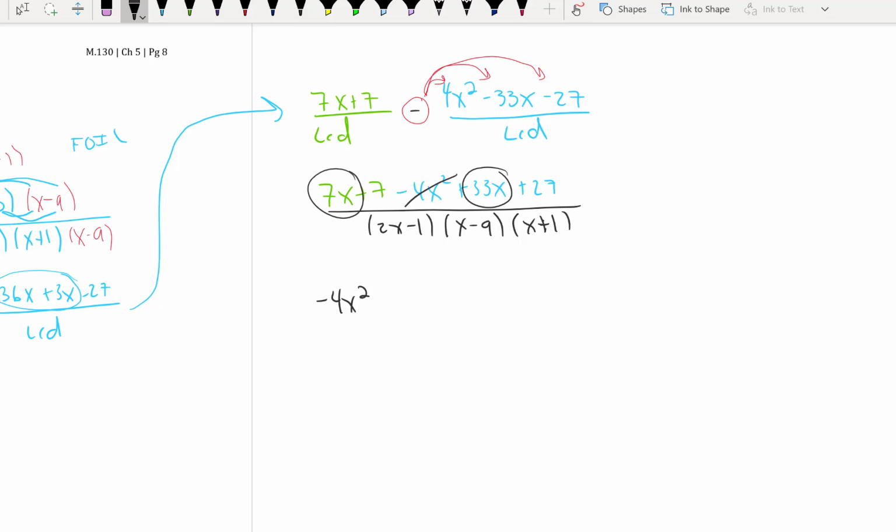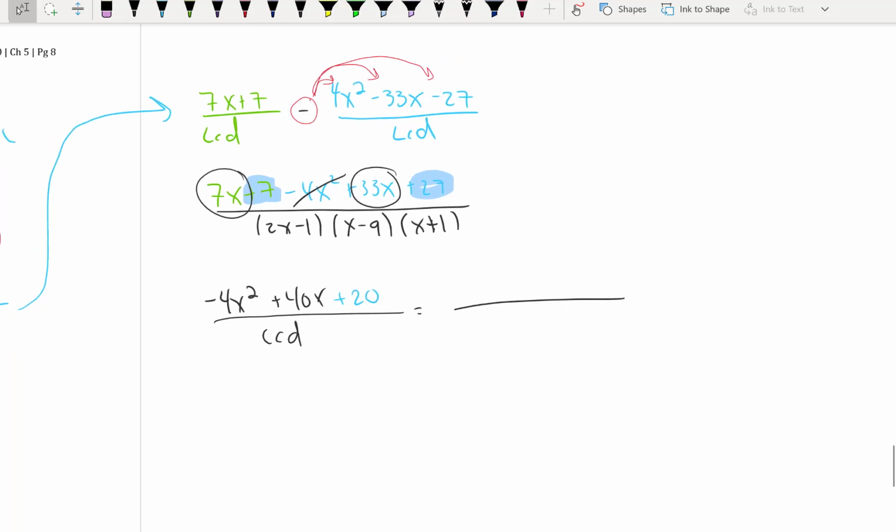So 7 plus 33 gives me a positive 40x. And looks like I have a negative 7 and a positive 27. And so that's going to give me a positive 20. And all of this is over my LCD.